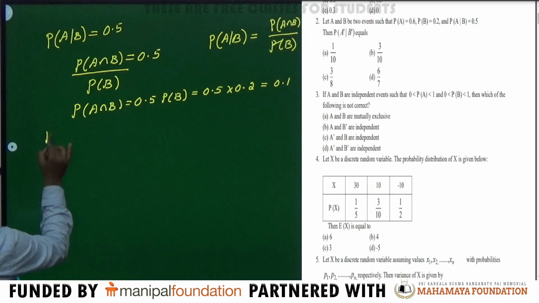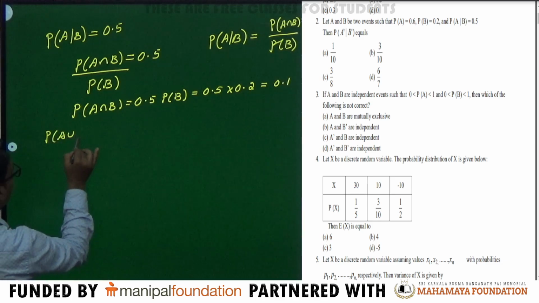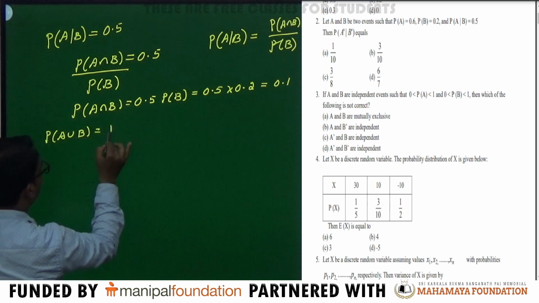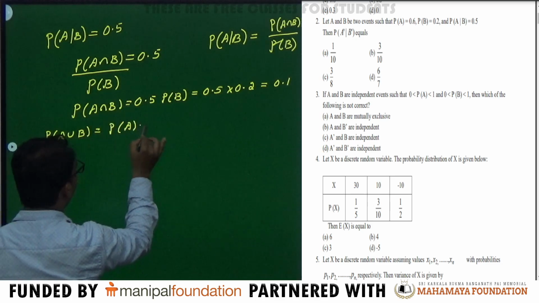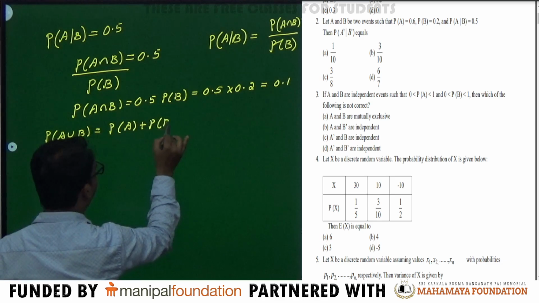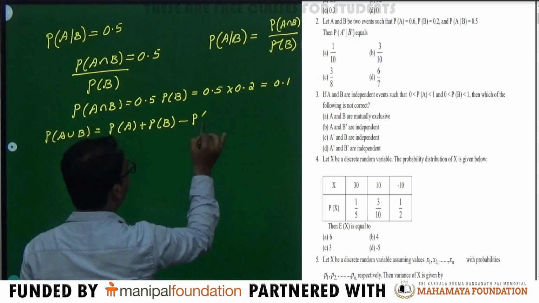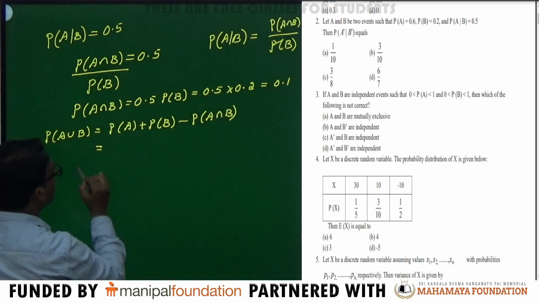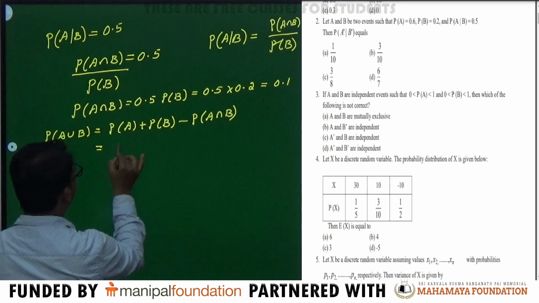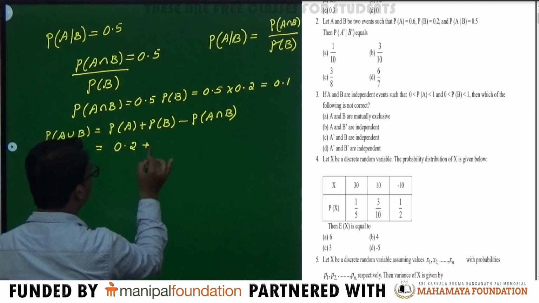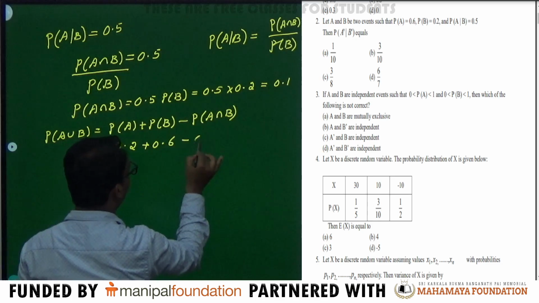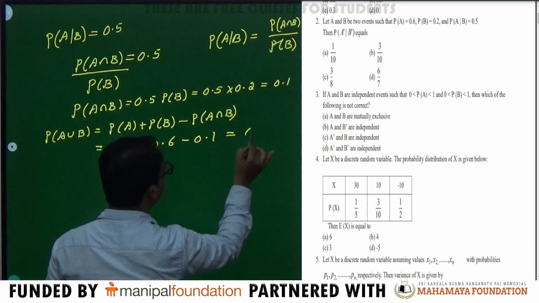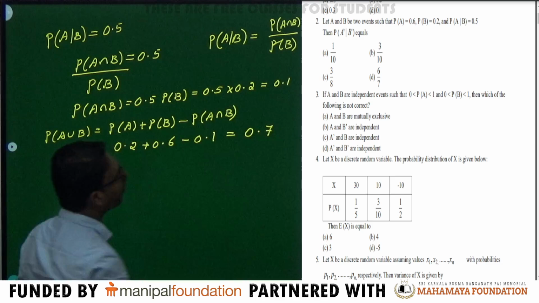Then for the probability of A union B, it is equal to probability of A plus probability of B minus probability of A intersection B. We will get 0.2 plus 0.6 minus 0.1, it is equal to 0.7.